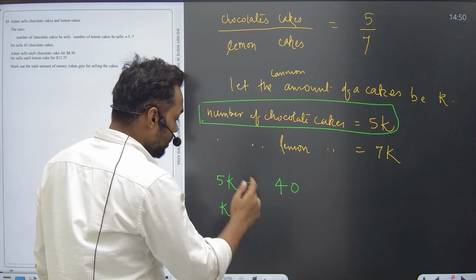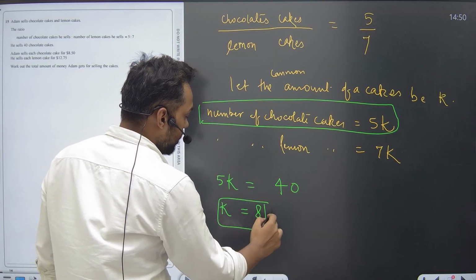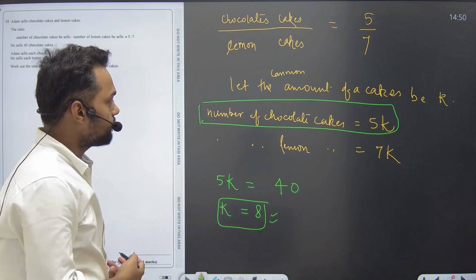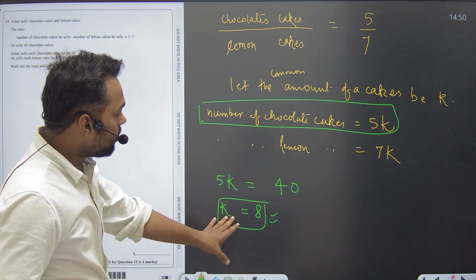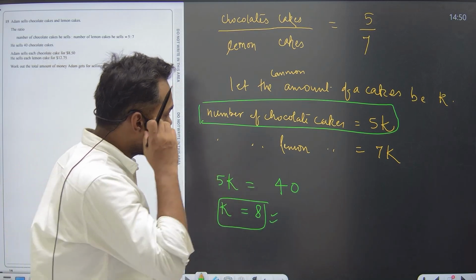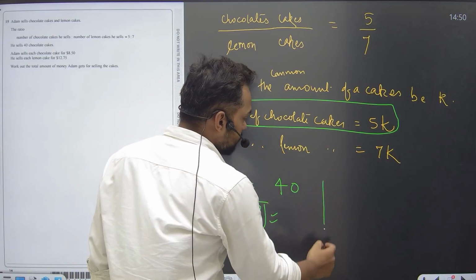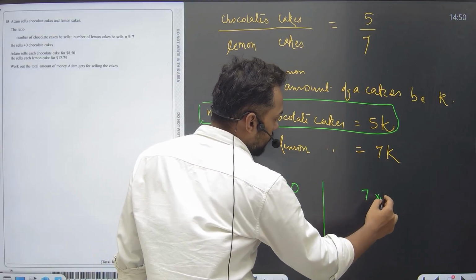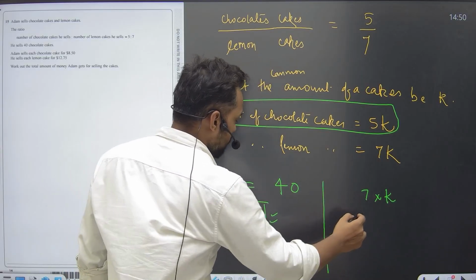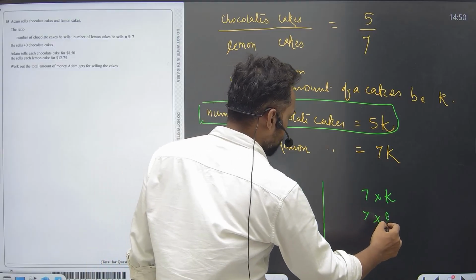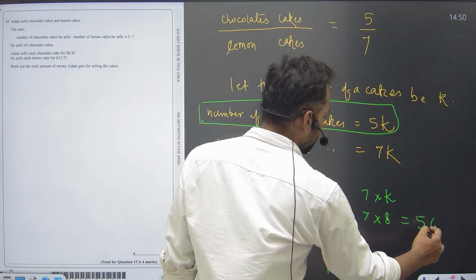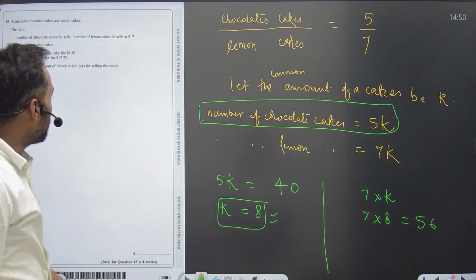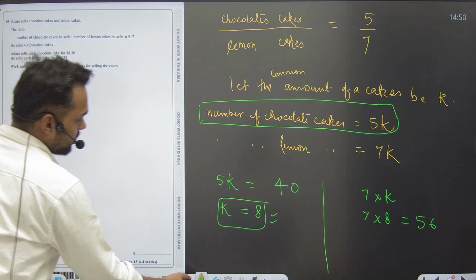We will get 8 here. So k is 8. For the number of lemon cakes, we just need to multiply it with 7. 7k was the number of lemon cakes. So 7 × 8 equals 56. So the number of lemon cakes we have got as 56.